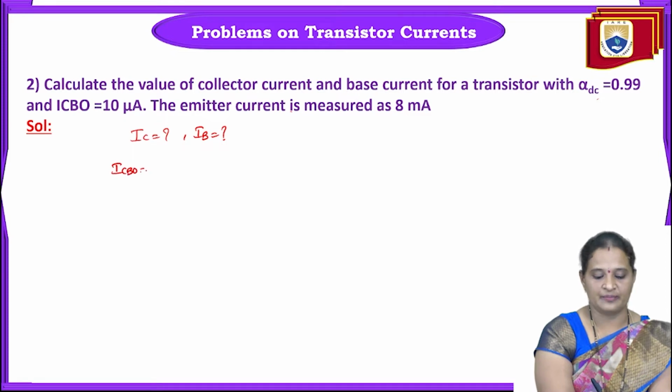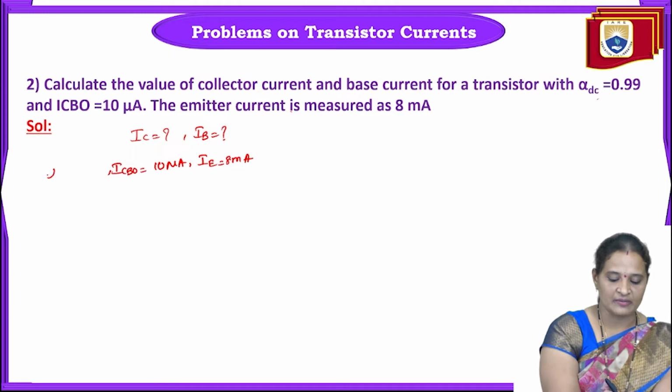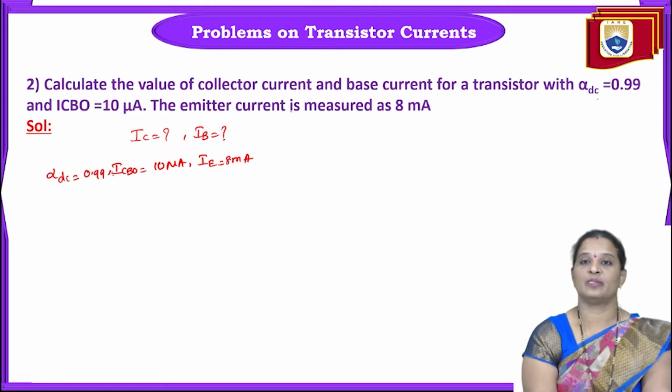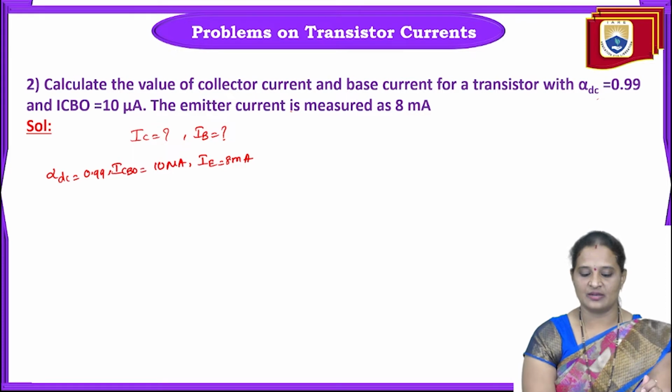ICB0 is given, 10 microamperes, and emitter current IE is 8 milliamperes. And the alpha DC value is also given, 0.99.